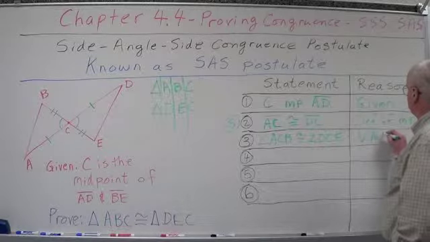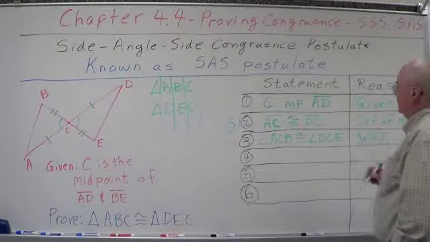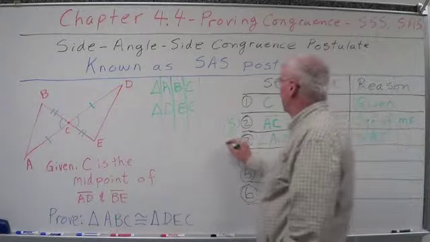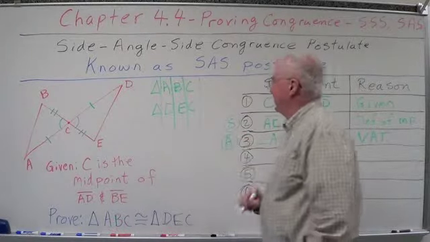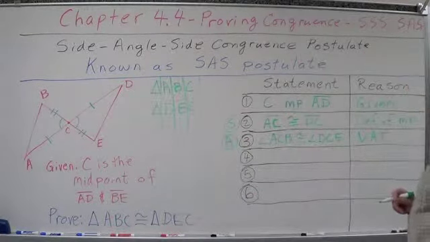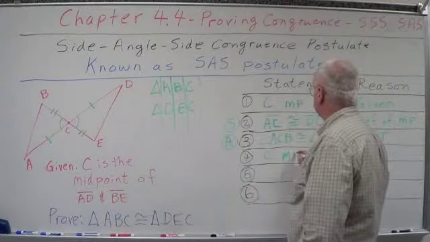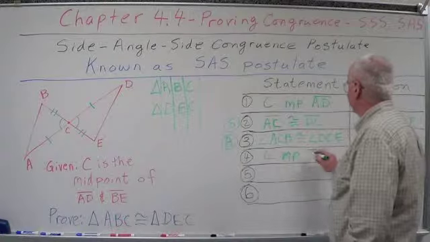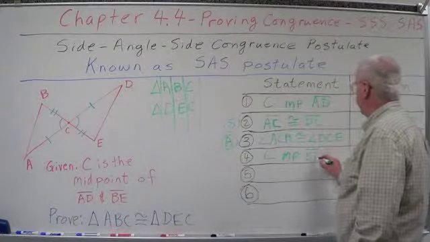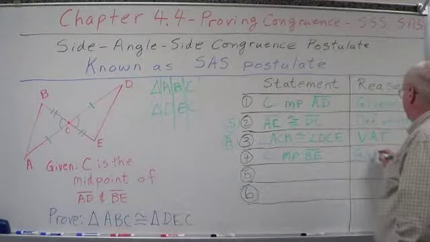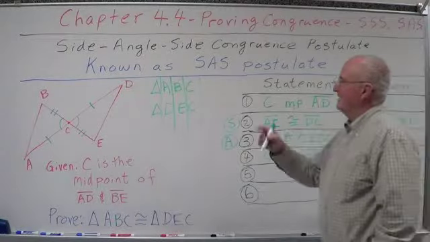Vertical angle theorem. So there's our angle. All we need is another side and we're good to go. So what are we given? We're given that C is the midpoint of segment BE. Why? Given.